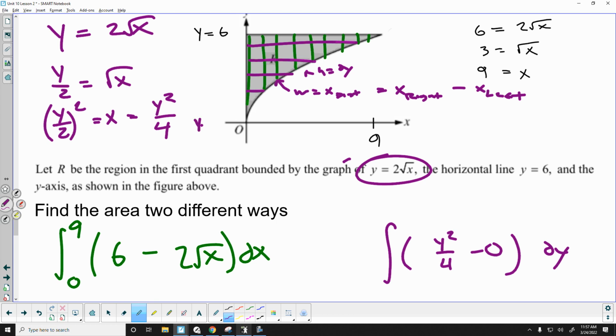Y equals 0 to y equals 6, bottom to a top. Right minus left gives you a positive x distance. Right minus left. Okay? This equals this, which equals 18.